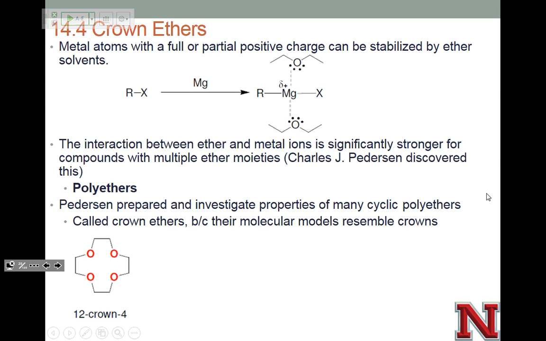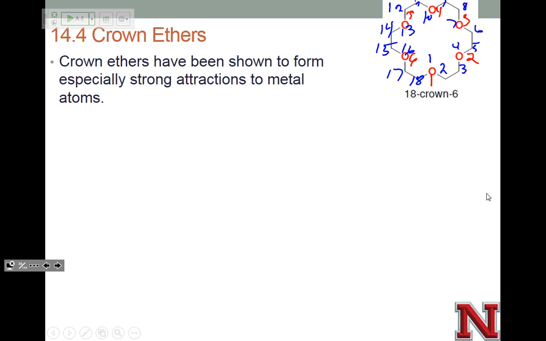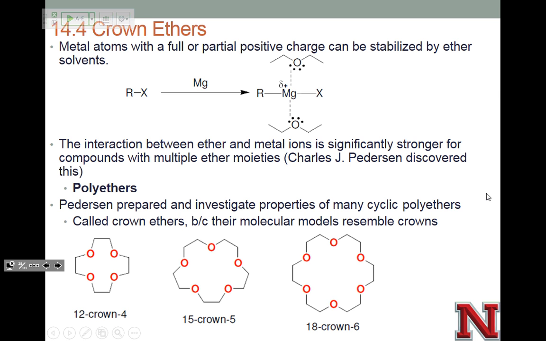This is his main result: he found 12-crown-4, 15-crown-5, and 18-crown-6 worked the best, depending on which metals he was using. And the metals that he specifically looked at were some of the counter ions that we've seen, and we've talked about but often dismissed, because we said, well, they're counter ions and they're not participating in the reaction. That's true for the most part, but our counter ions can affect our reactivity.